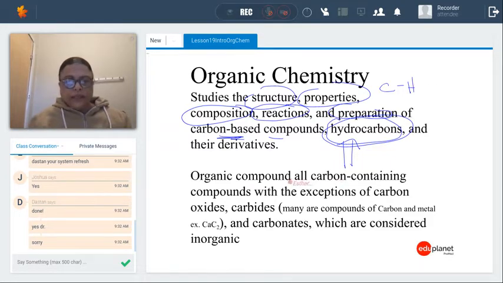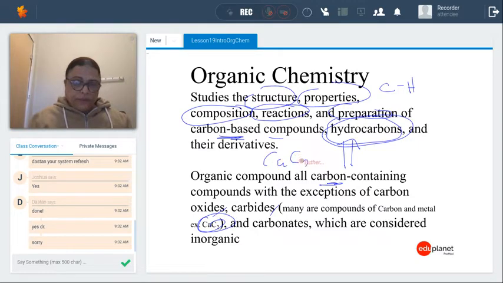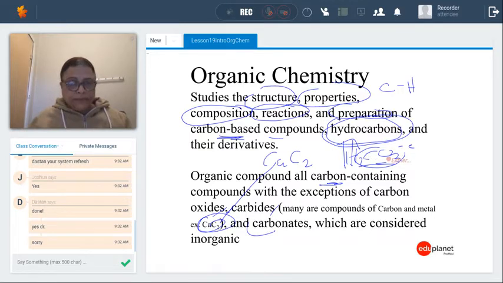So all organic compounds, all carbon-containing compounds, with exception of oxides and carbides, for example, calcium carbide, and carbonate. So carbonic acid, carbonate, they are considered inorganic.